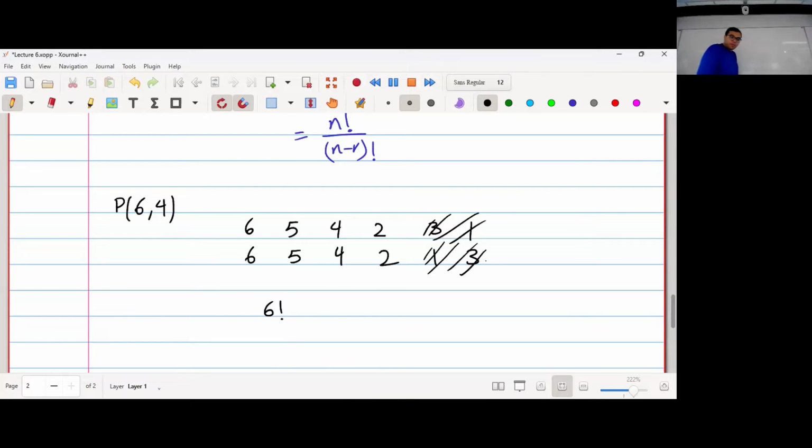Now, the interesting point is that no matter what my head part is, I'm counting it the same number of times, right? So in this case, I have 4 elements in the head part, the part that I want to keep. And so I'm going to have 2 elements in this tail part, the part that I'm removing, right?